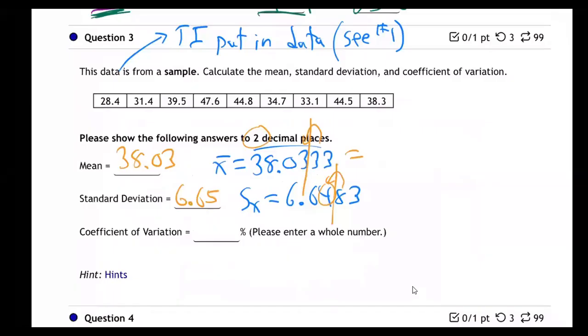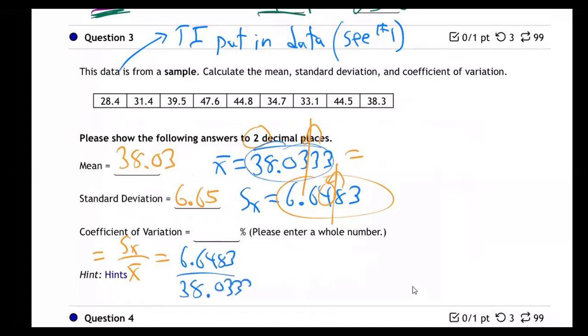It's a little slow here to switch. All right, there it is. So coefficient of variation, as it said, is S sub x over x bar. So what is S sub x? What's right here? That's going to be 6.6483 over x bar, which is right here, 38.0333.